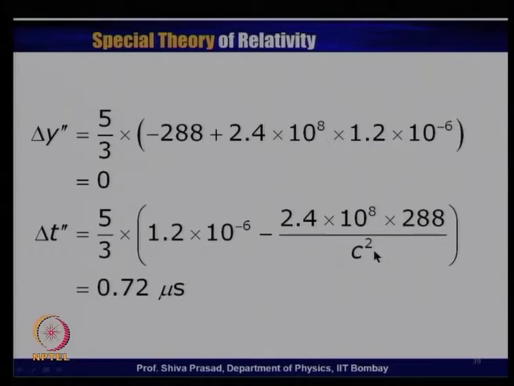You get delta t double prime exactly equal to 0.72 microsecond. So, if an observer was sitting on the particle, he or she would really find that the time taken for the tower to cross this particular particle, that is what that person will observe. That time was 0.72 microsecond, and it is in that particular frame of reference that this time interval was indeed proper.